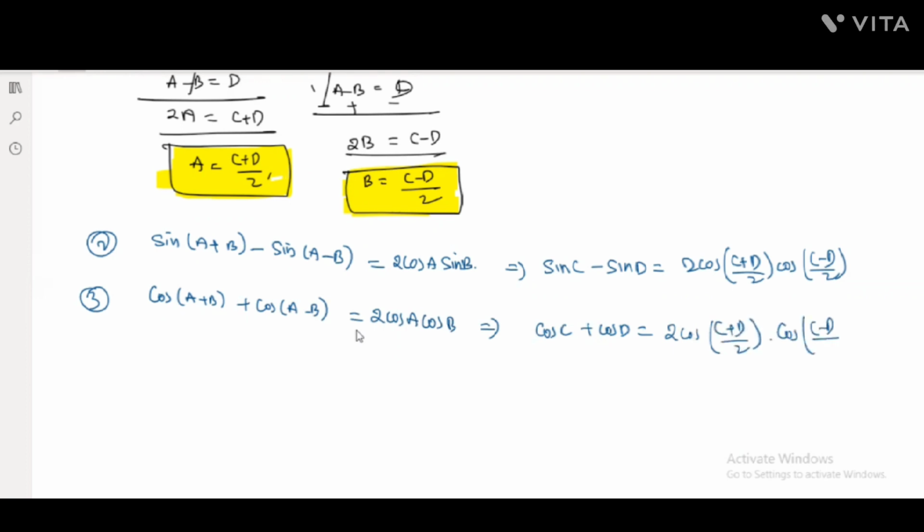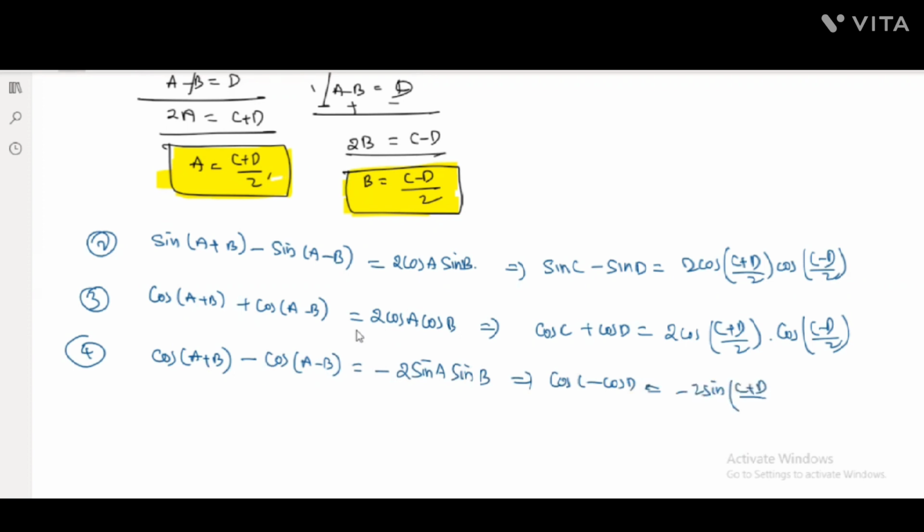So we come to the fourth formula: cos A plus B minus cos A minus B is minus 2 sin A sin B. So this is the formula we know. According to this, we get cos C minus cos D is equal to minus 2 sin C plus D by 2 into sin C minus D by 2.